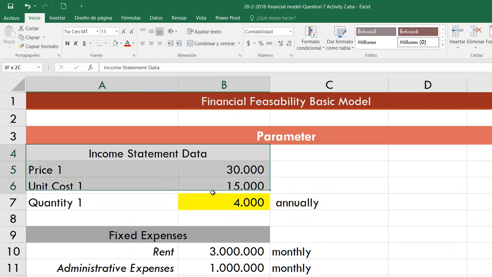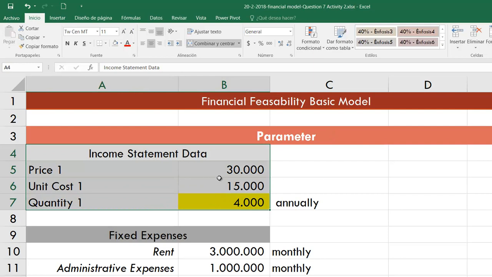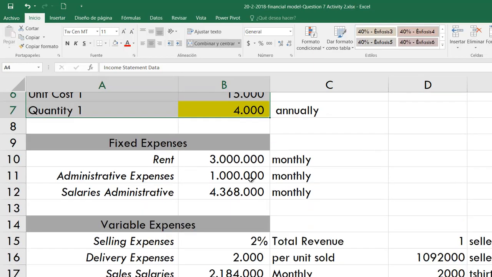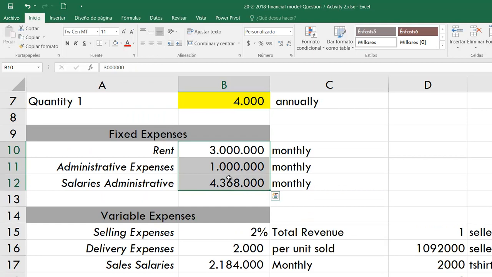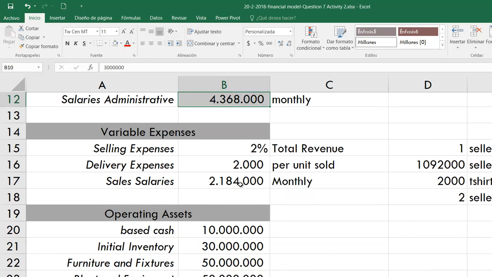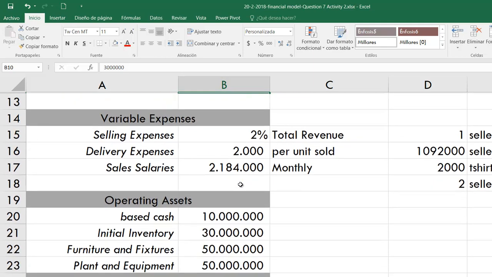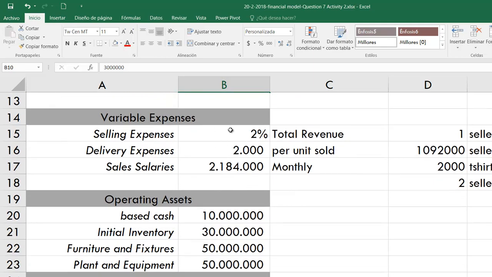First of all, the income data, so you can estimate the revenue from sales. Fixed expenses, which are all the ones you need to pay no matter how much you sell. You might sell nothing and still have to pay, for example, rent. There are variable expenses, which should be zero when you sell nothing, and they should increase whenever you increase your sales.